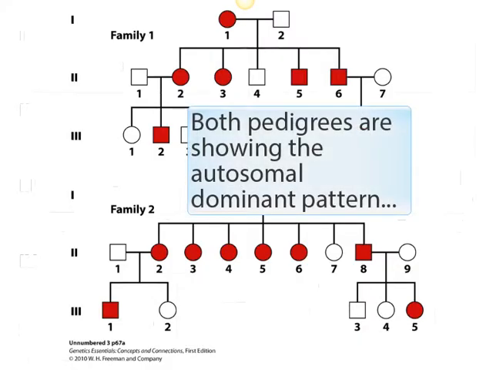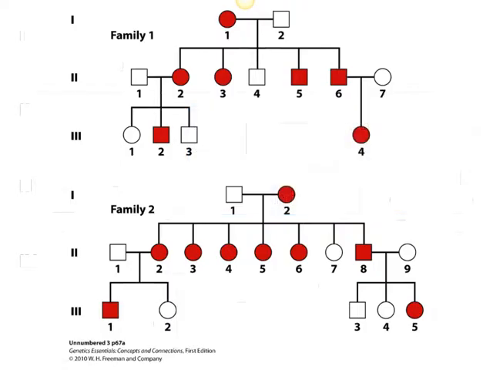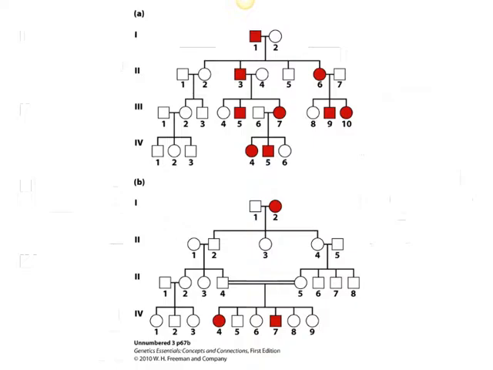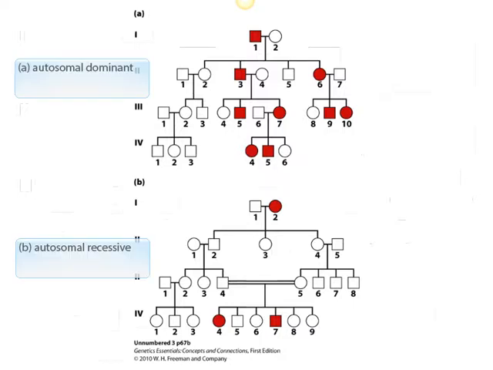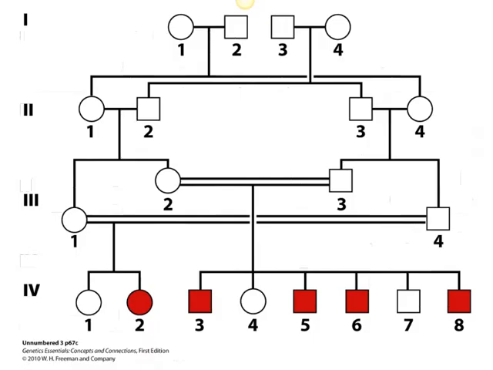What is it? And what about these examples, A and B? On this one, A is different than B, actually. So what is A? What's the mode of transmission? What's the mode of transmission for B? How about this one?